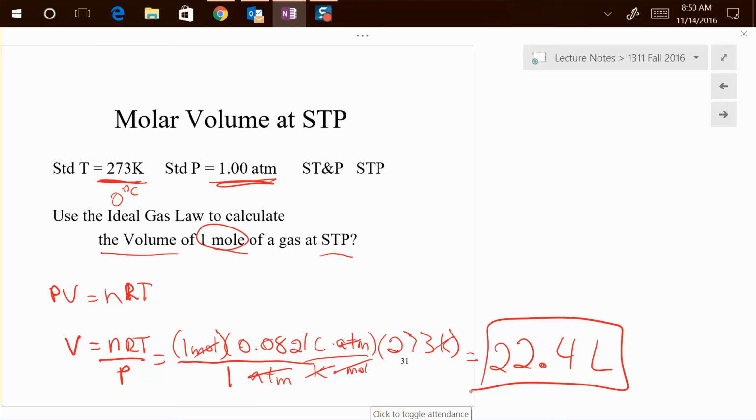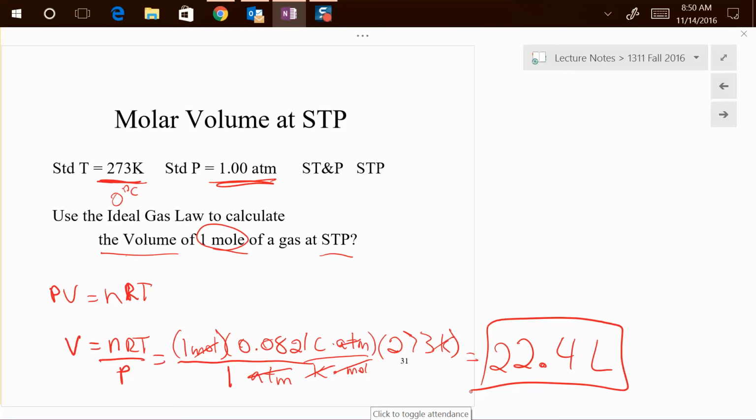It is irrespective of what the gas is. It doesn't matter if it's hydrogen or helium or carbon dioxide. If you have 1 mole of it, the volume will be 22.4 liters. Or if you know you have 22.4 liters of that gas at that pressure and temperature, you know you have 1 mole of it.